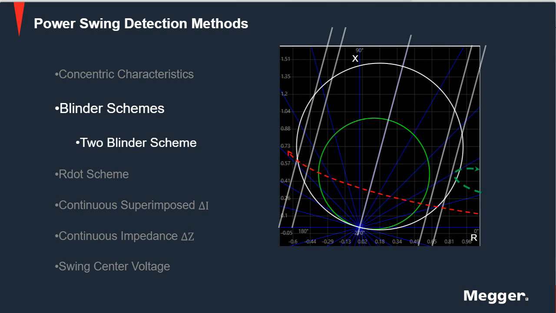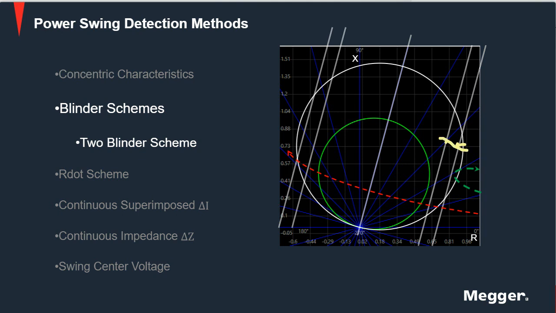You have, for example, the blinder schemes. In this case, I'm talking about a two-blinder scheme. What we do is we put blinders on both sides of a characteristic, and instead of using a concentric characteristic to start the timing, we use the moment when the impedance crosses this boundary and the moment when the impedance crosses this other boundary, and we time the difference between these two.